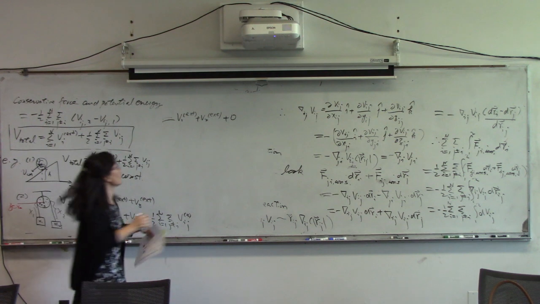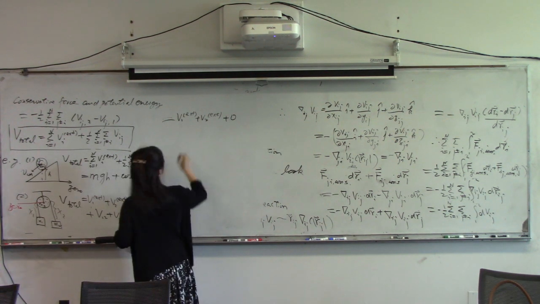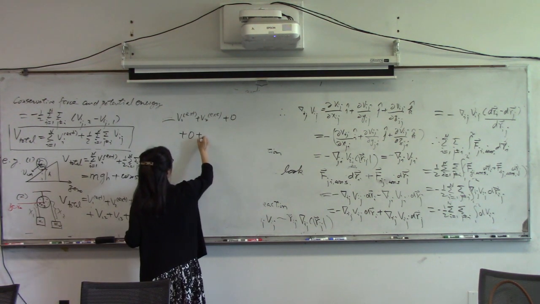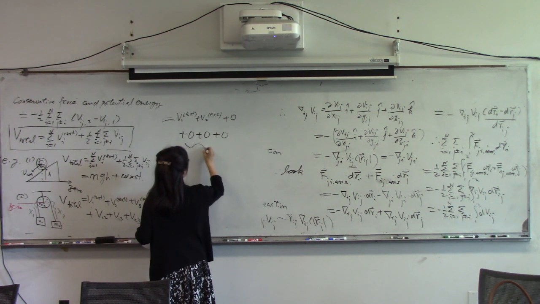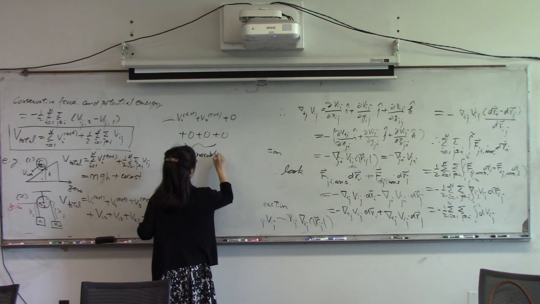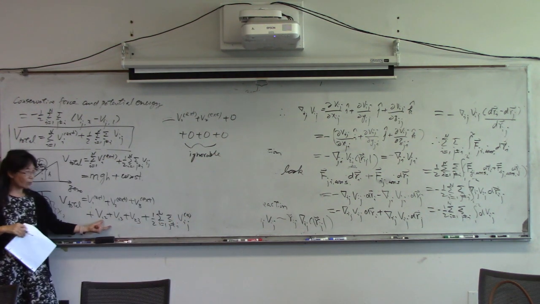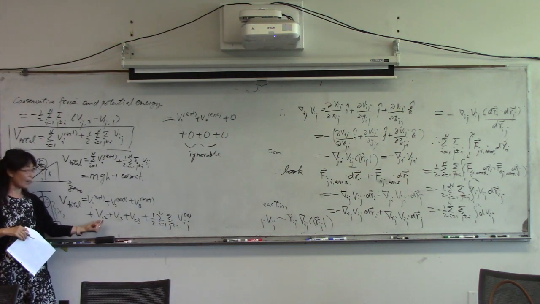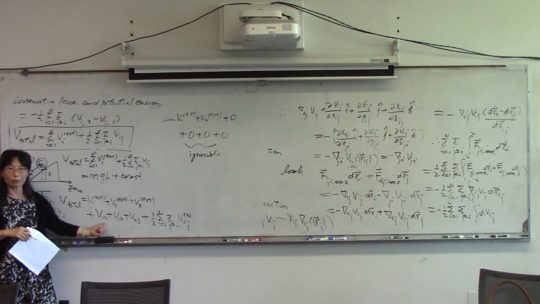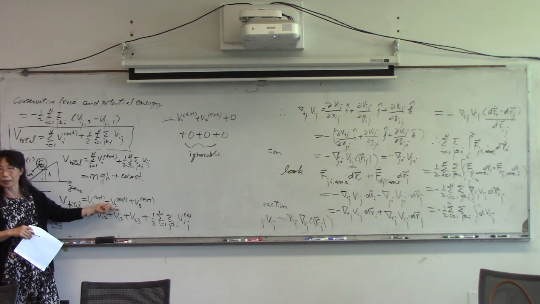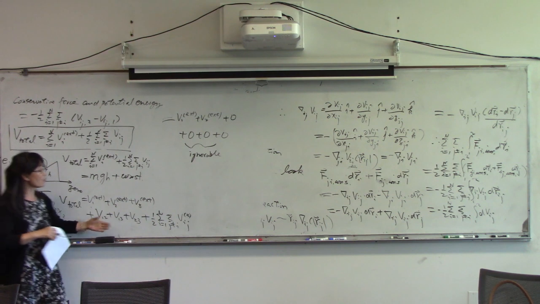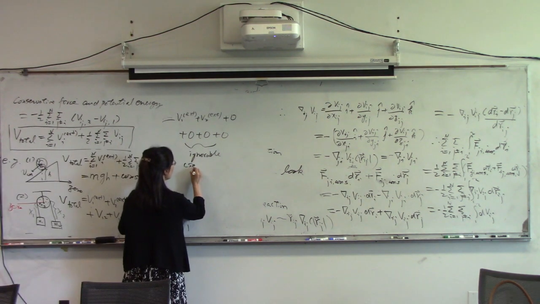Otherwise, it is a constant. Then I'm also going to say that this is 0, ignorable, because it is the gravitational potential between those masses, M1 multiplied by M2, and these masses are very small compared with the Earth. So this is ignorable.